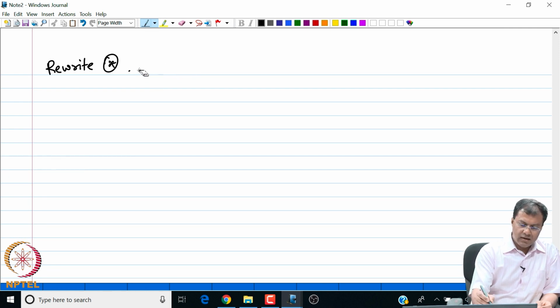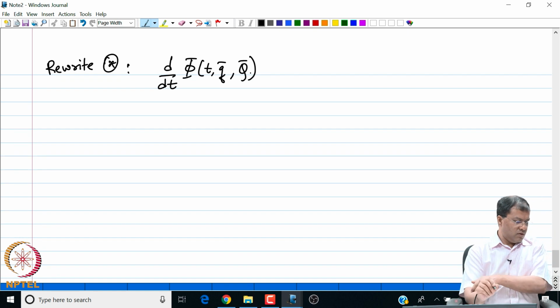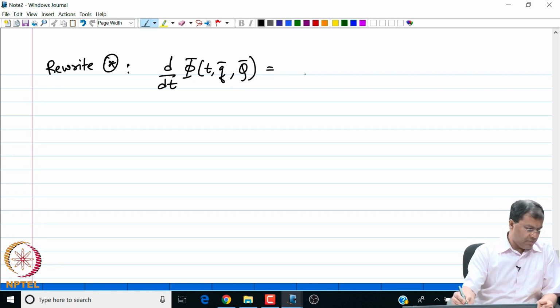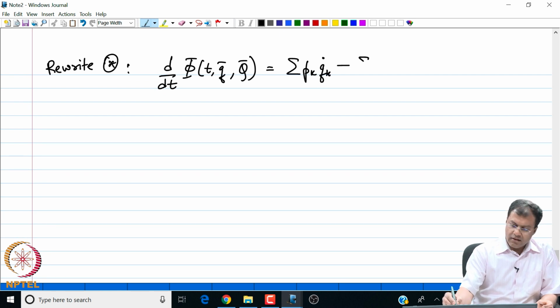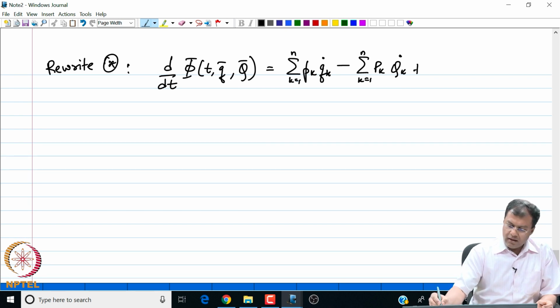Rewrite star in the generalized coordinate frame, we see that this is also equal to d phi dt. Phi now is a function of small q comma capital Q, because of the symplectic map, minus pk qk dot minus capital Pk capital Qk dot, k from 1 to n, plus h hat.